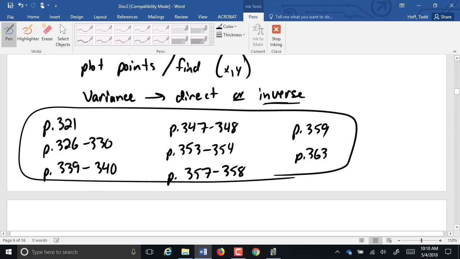As I said, these pages are listed in that table in Blackboard under course information.